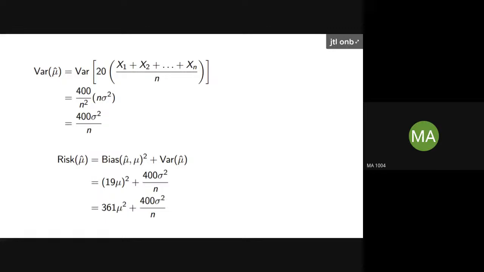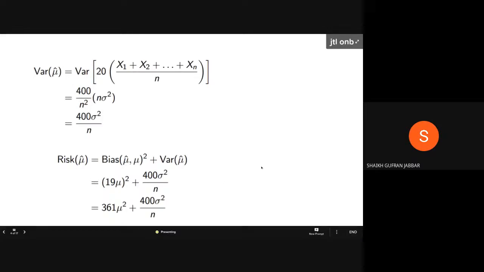So it will be option C, not option A. Most of those who have given option A might have missed out that minus mu while computing bias. Okay, so this is how you can compute risk.